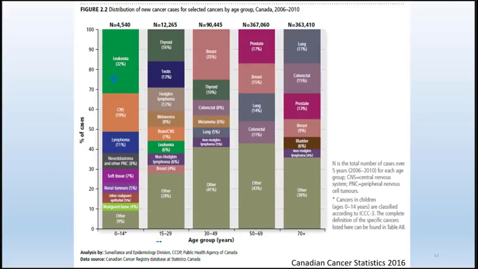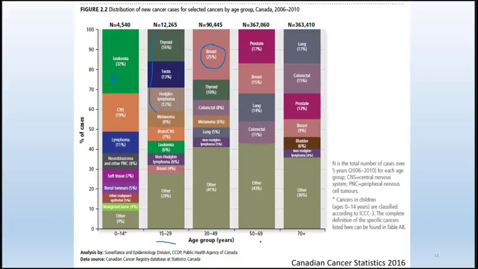From age 15 to 29, you can see that both thyroid and testicular cancer, as well as Hodgkin's lymphoma, are the most common. From age 30 to 49, thyroid is still an issue here, but the greatest concern is breast cancer.